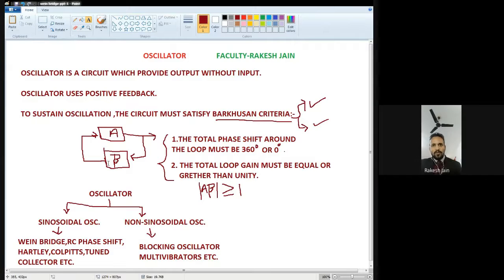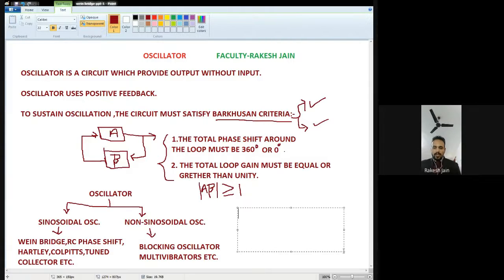But here, first of all, we should begin our journey for oscillations with the derivation for the Wein bridge oscillator. So we are talking about the sinusoidal oscillator. A sinusoidal oscillator like the Wein bridge oscillator is one which provides sine waveform at the output.